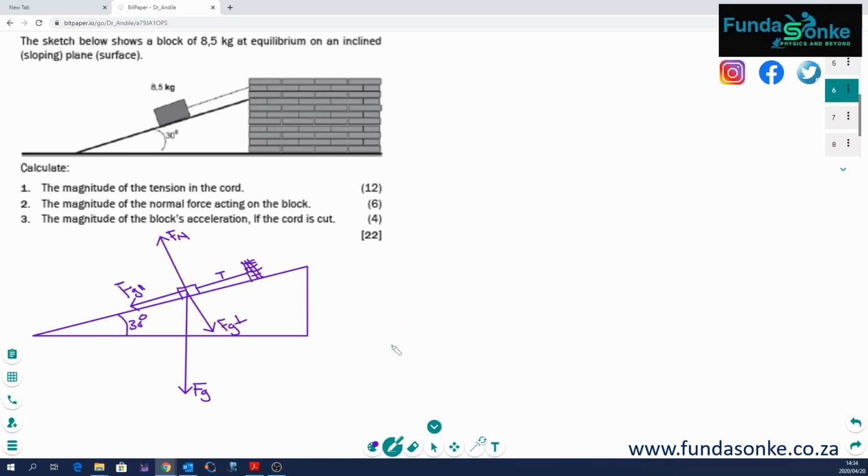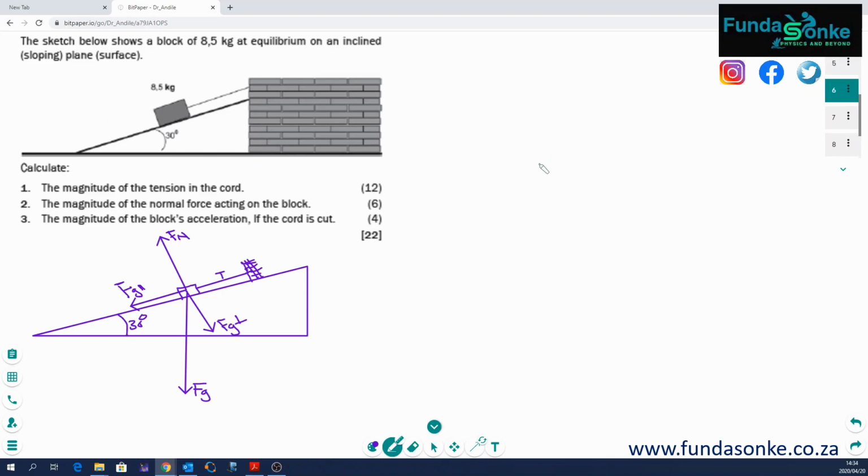Okay, so we've got this force diagram which will help us to answer this question. And the first question is, we want to calculate the magnitude of the tension in the string.